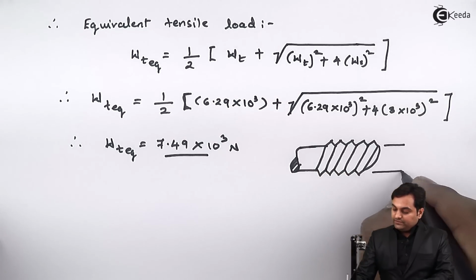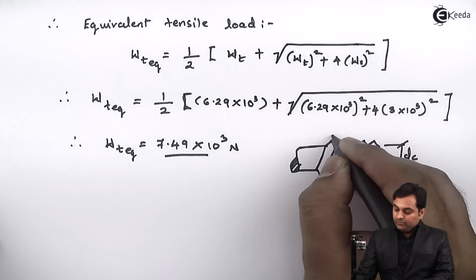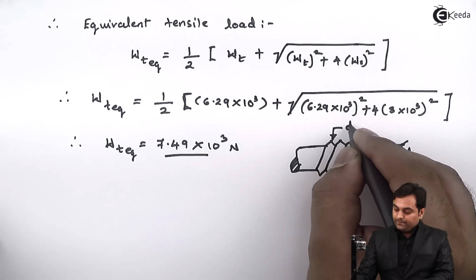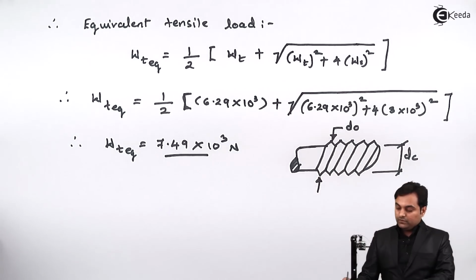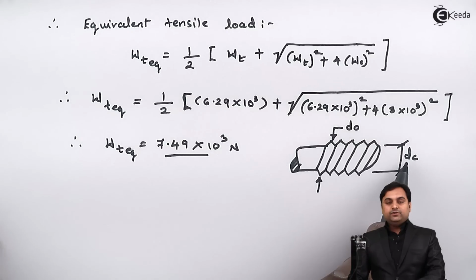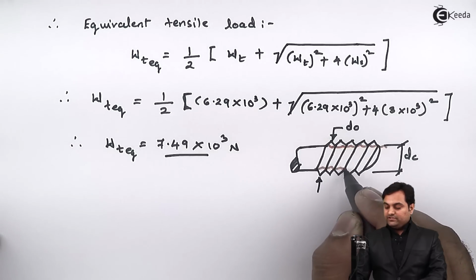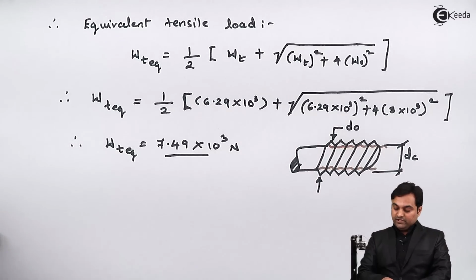Now this DC is the core diameter and DO is the nominal or outer diameter of the bolt. So as we can see, out of DO and DC, DC is less, so the thread will fail along the less diameter, which will give us the less amount of area.